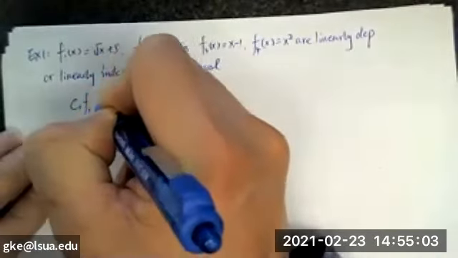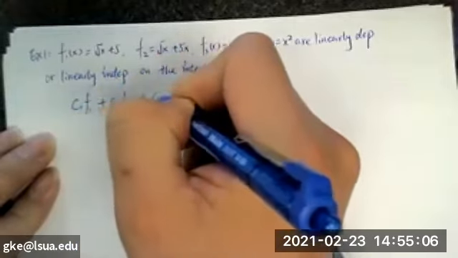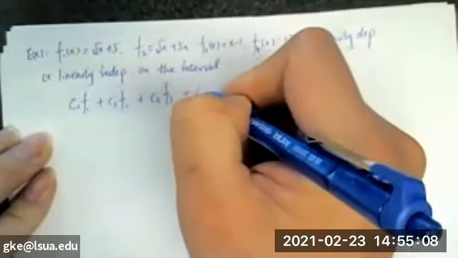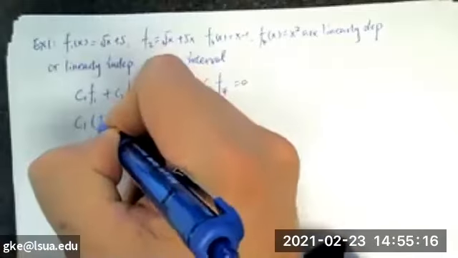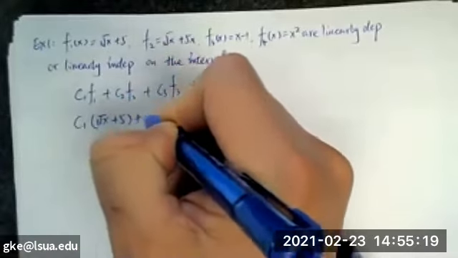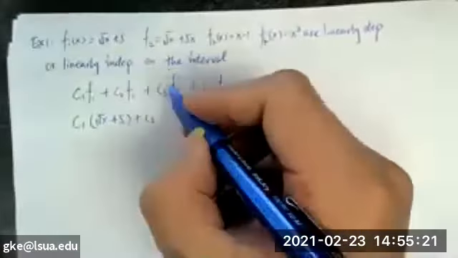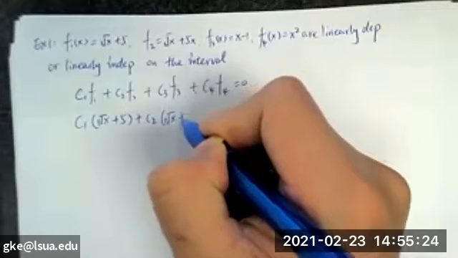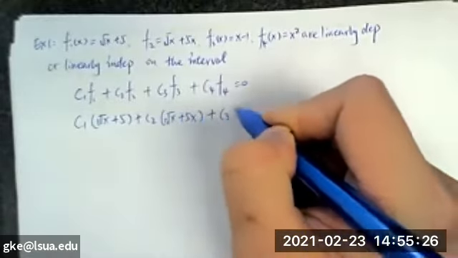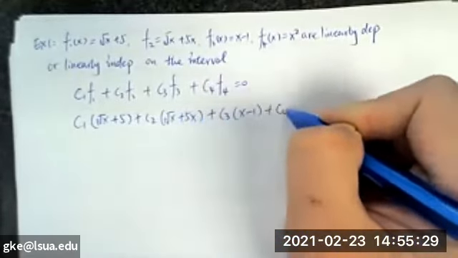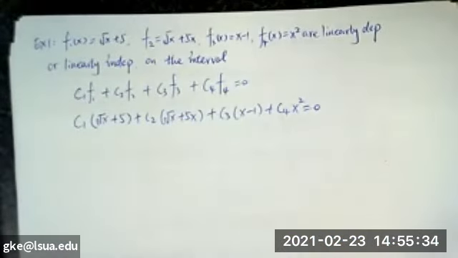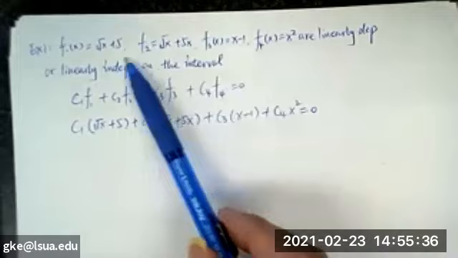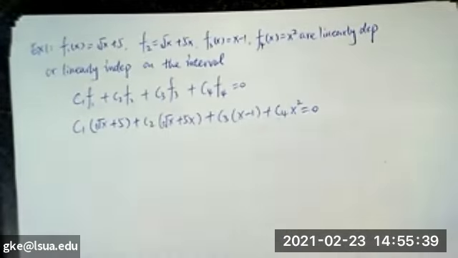C1 times the first function, and then we have the others, equals 0. And then we can simplify it. We plug in these four functions and simplify.